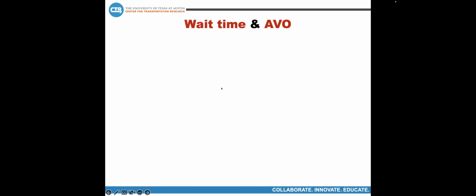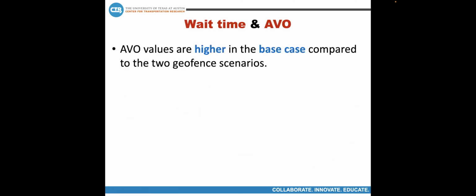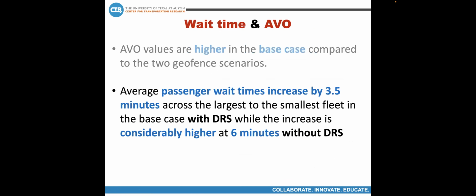So also we looked at the wait time and the average vehicle occupancy. We saw that AVO values are higher in the best case compared to the other two geofence scenarios. We also saw that average passenger wait times increased by 3.5 minutes across the largest and the smallest fleets in the best case with DRS, and then this increase was even higher at 6 minutes without DRS.